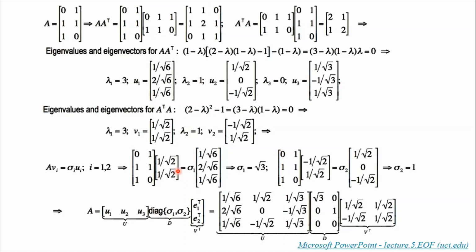For calculating the sigma, we can simply place A, V and U in this formula and we'll get the sigma. Hence, we have decomposed A into U, the diagonal matrix of sigma 1 and sigma 2, and V transpose. And this is what is called SVD, or singular value decomposition.